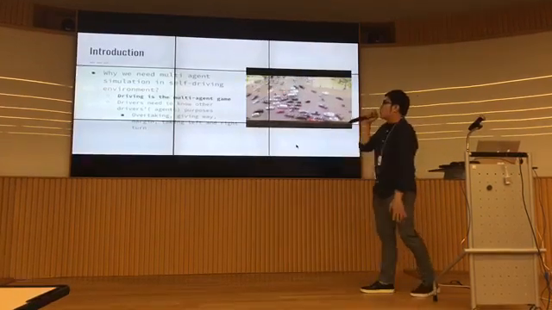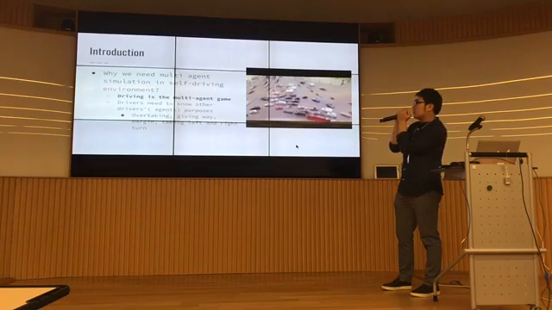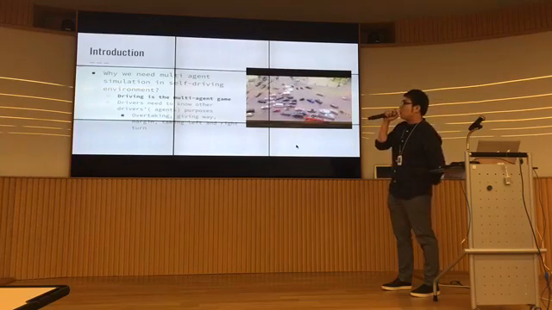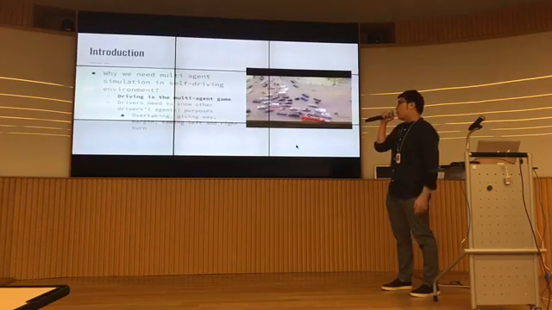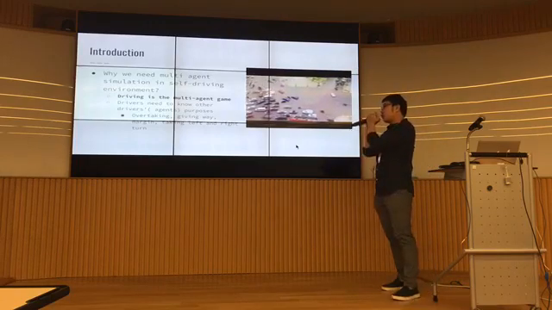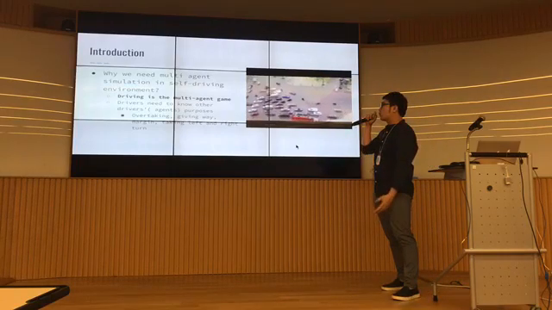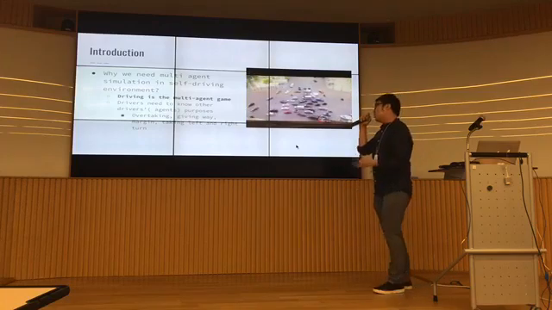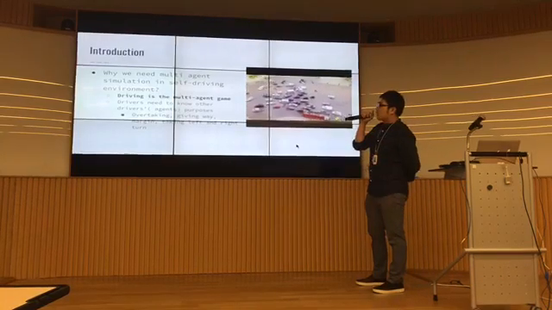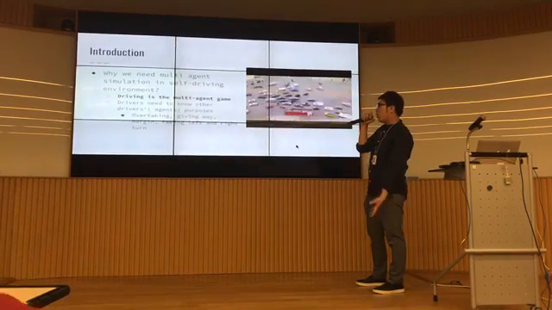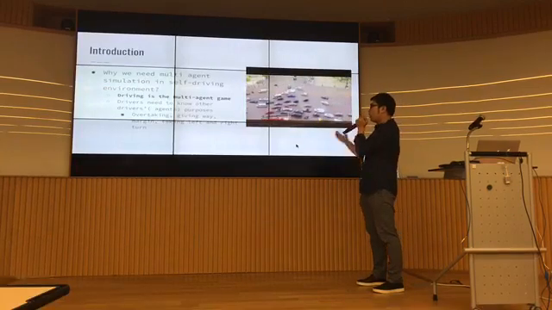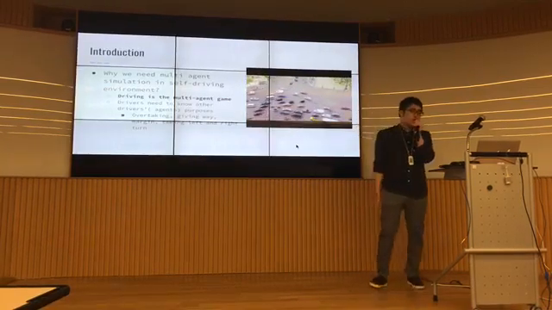As you can see in the video, driving is actually a multi-agent game. Drivers have to know other drivers' purposes, like overtaking, giving way, merging, taking a left or right turn, and so on.